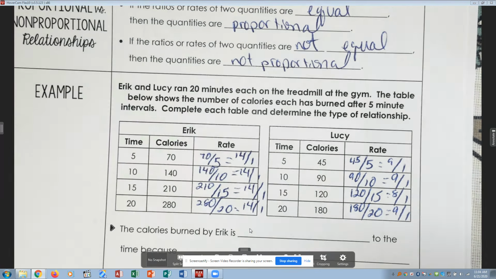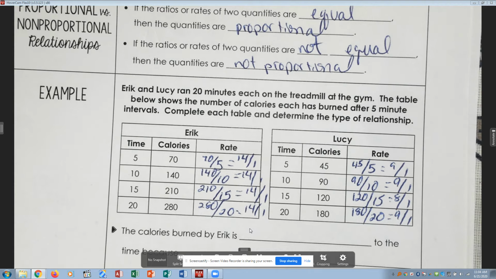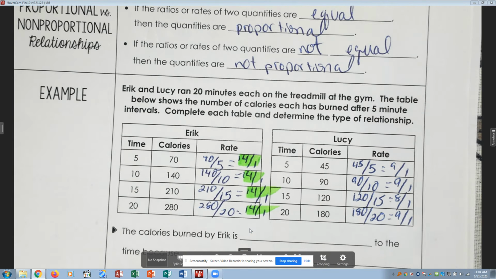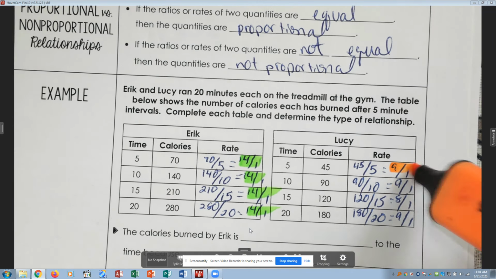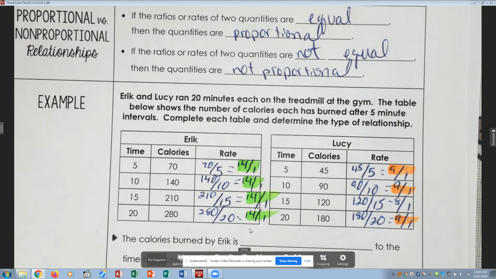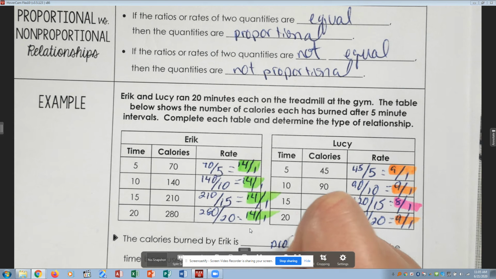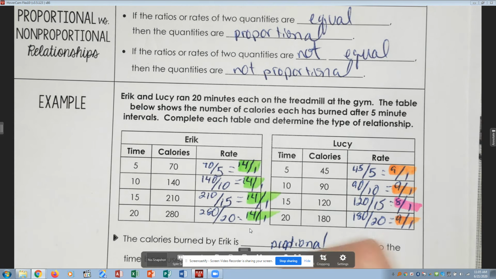So when you look at your unit rates here, we notice that these are all the same, 14 calories in 1 minute. So he is proportional. If you look at Lucy, these are all equal, but this one stands out. This is not equal. So because of this, the calories burned by Eric is proportional to the time, because he is consistently burning 14 calories per minute.